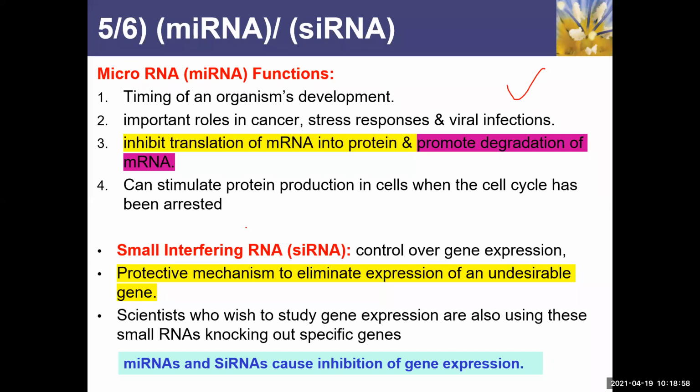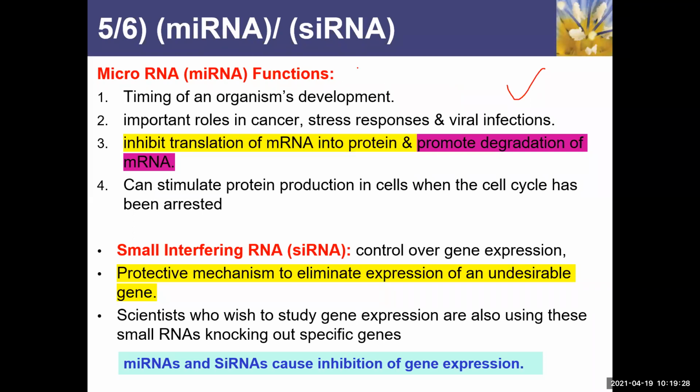Both microRNA and the small interfering RNA are used in RNA interference. Remember, post-transcriptional gene silencing. When you don't want your gene to express, you want to make sure it's quiet and doesn't produce any protein. When we want to stop producing proteins, we call it gene silencing, or RNA interference.